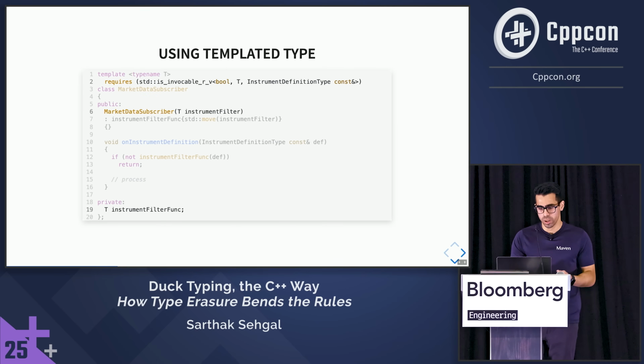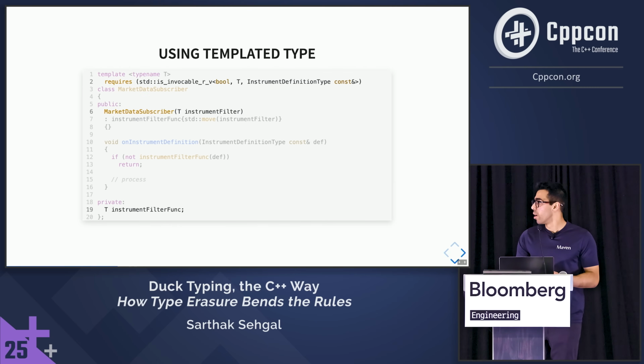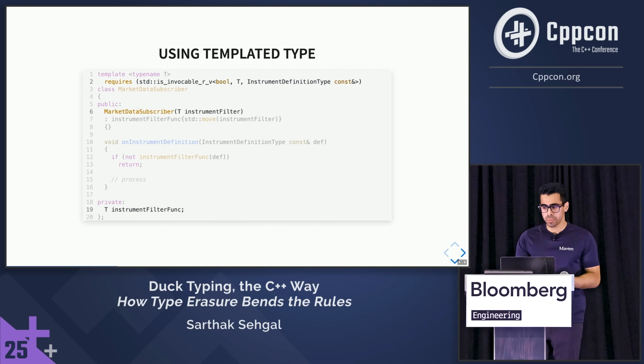This looks pretty good. This would achieve what we want. The market data subscriber can now be created using an equity filter or bond filter. Because the concept only requires it to have an invocable type, it takes in basically anything that is invocable and stores it inside the class.